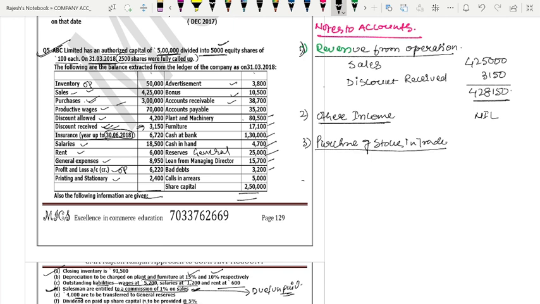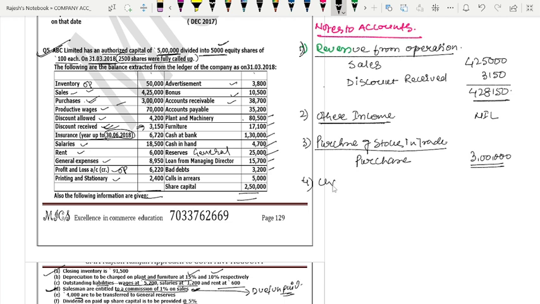Is there any purchase return? No. Is there any direct expenses and carriage inward or freight inward like this? No. This means purchase is only purchase in stock.